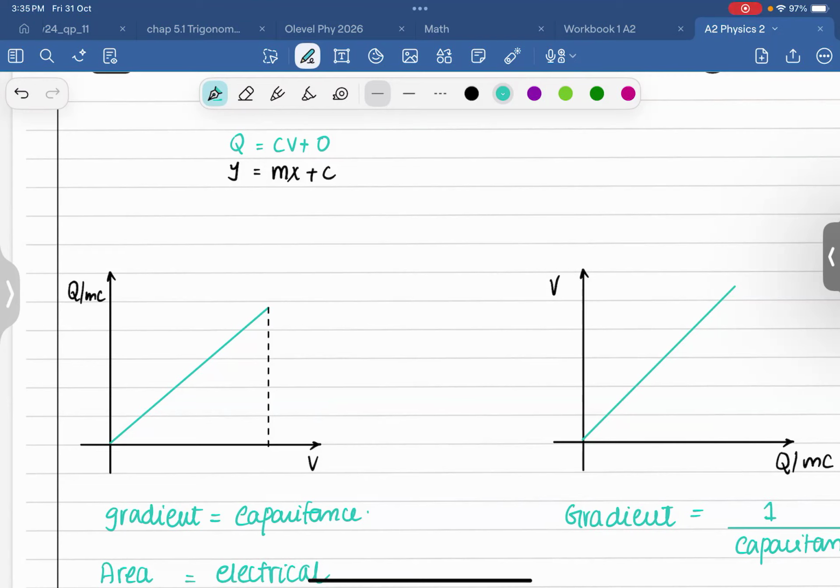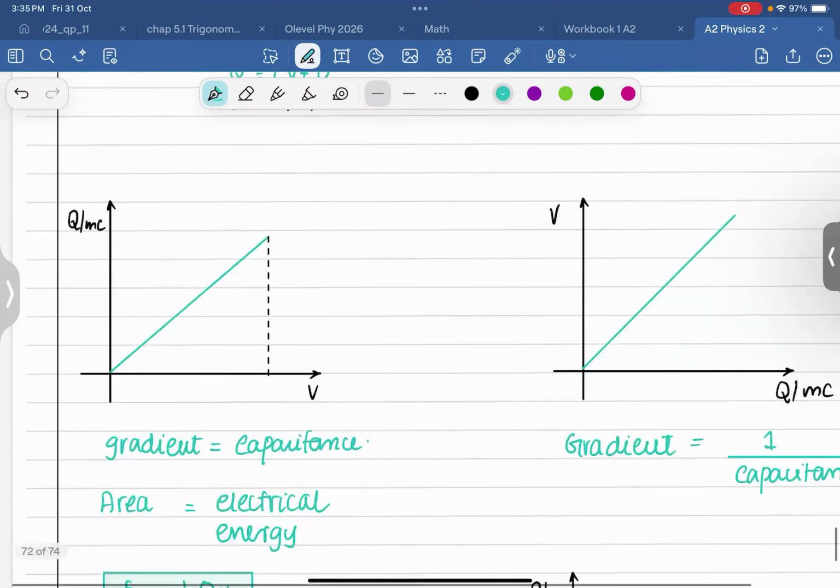If you decrease V, or decrease Q, there will be lesser energy stored. So Q and V do not decide the capacitance of the capacitor. Once the capacitor is made, the capacitance remains the same forever.